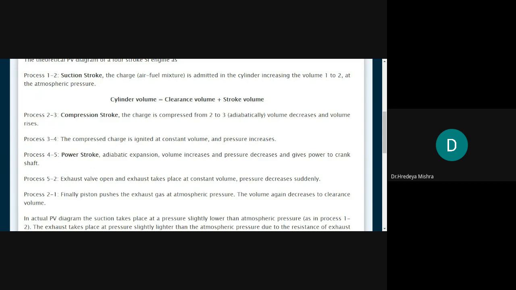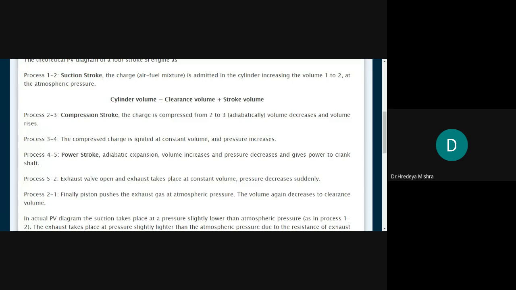Process 1, process 2, process 3 are the energy consuming processes, meaning energy is consumed by these processes, and the process 4 to 5 is the power stroke where we get the power from the engine.